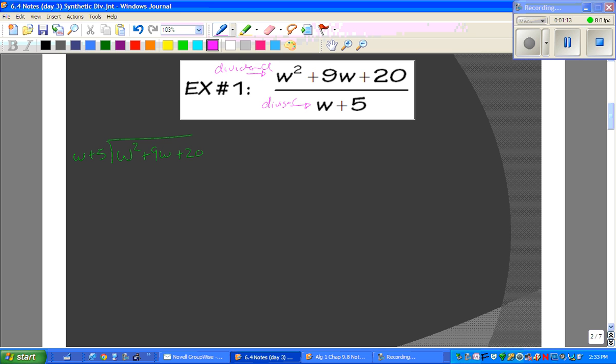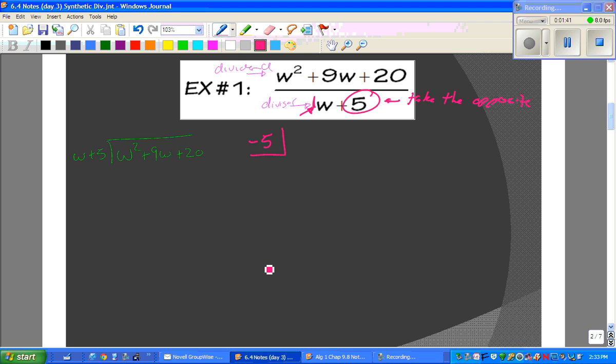Now, when we're doing synthetic division, one of the things we need to know is that the leading coefficient is 1. What I'm going to do is take the opposite of that number. So that's a 5, I now want a negative 5.